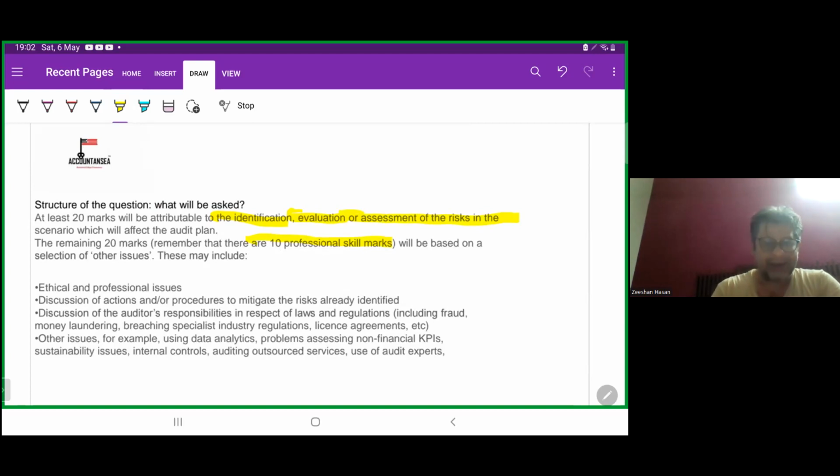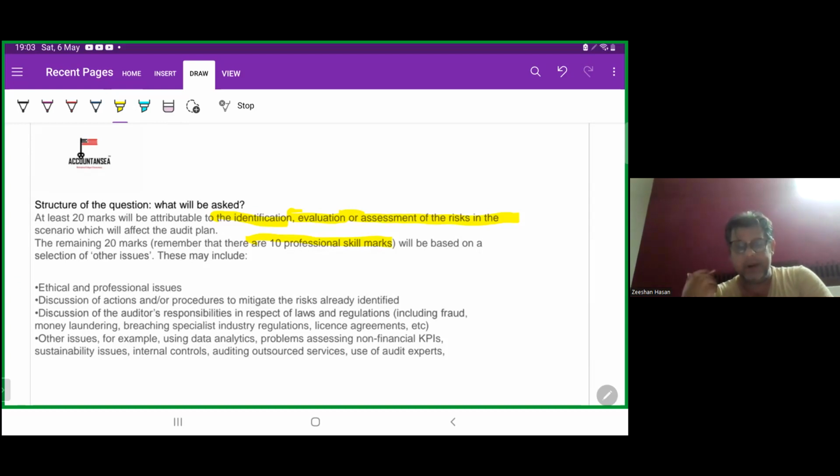These can include discussion of actions or procedures to mitigate the risk already identified, and discussion of the auditor's responsibilities in respect of laws and regulations, fraud, money laundering, breaching specialist industry regulations, license requirements, etc.